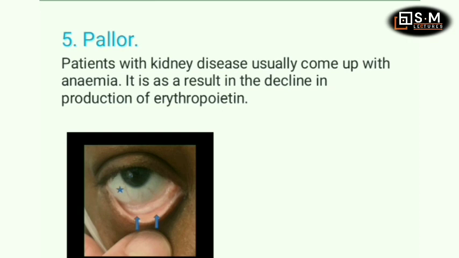This inadequate oxygen delivery to the tissue is due to maybe a decrease in the number of red blood cells or a decrease in the amount of hemoglobin. Hemoglobin is the one responsible for binding with oxygen.